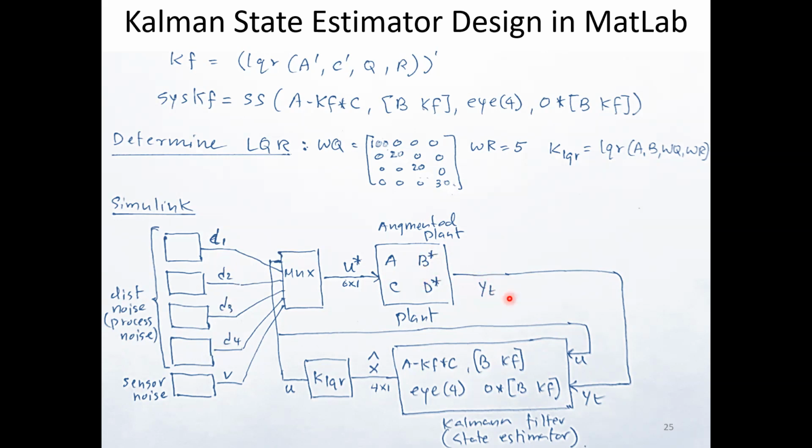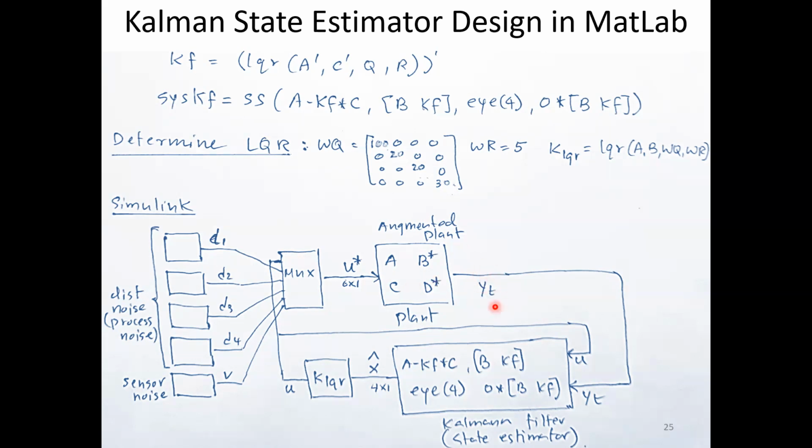It produces YT. So this is a more realistic simulation, because you used to do AX plus BU, CX plus DU, right? You did not consider the sensor noise or the process noise. Now you have all of this in your simulation. So what you are simulating here is closer to reality.